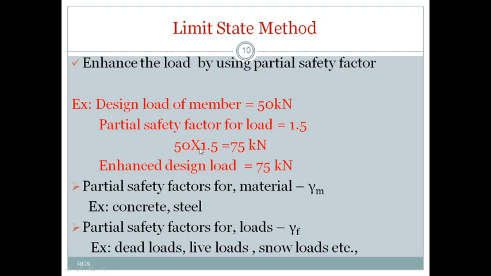That is 50 into 1.5 is 75 kilonewtons. Now the enhanced design load is 75 kilonewtons. Why did I enhance the design load here? If I design a member by using the actual design load, that is 50 kilonewtons, I may get a particular cross section.